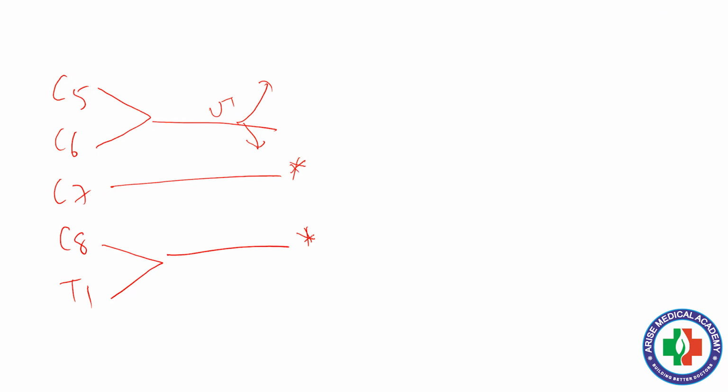You do not have branches from the middle trunk or lower trunk. We get branches only from the upper trunk of the brachial plexus. From the upper trunk, we get two branches. One is the suprascapular nerve and another is the nerve to subclavius. These are from the upper trunk of the brachial plexus.